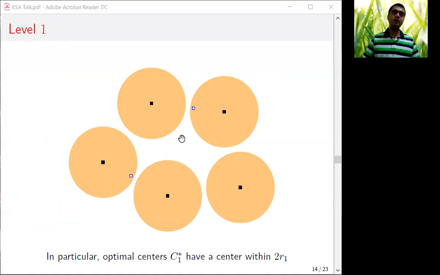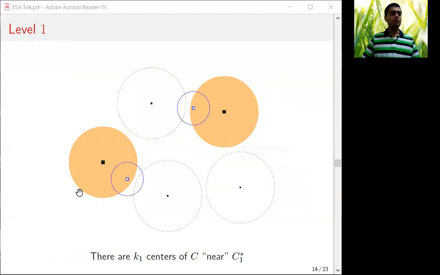We have those centers here shown as blue squares. Optimal uses K1 centers at this level, which means that there is some subset of size K1 which is relevant, in the sense that it approximates optimal at this level. That will be this center and this. So let's focus on that subset.